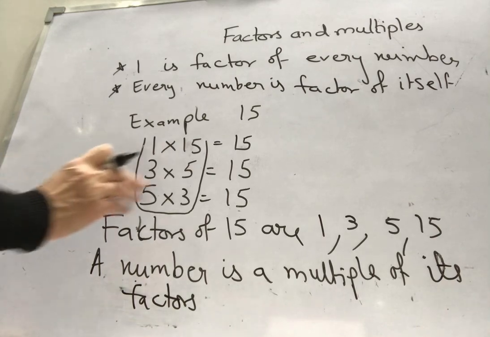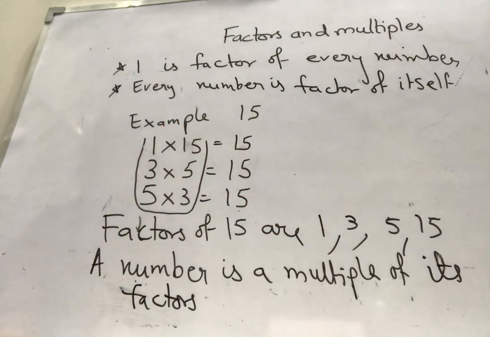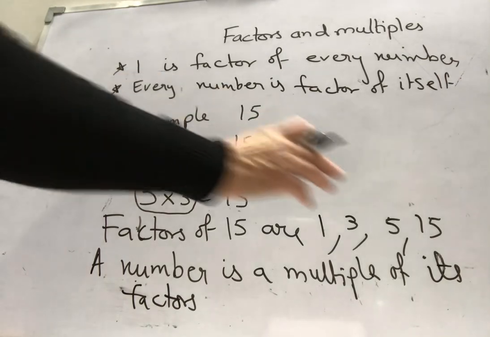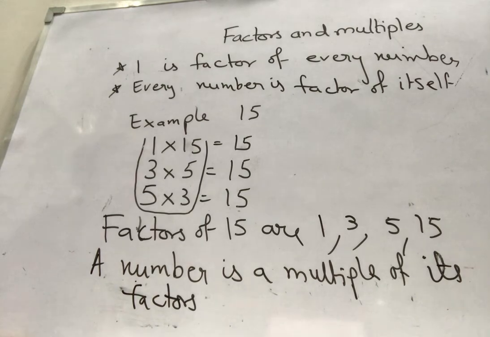And you can see all these factors, 1, 3, 5, either they are equal to that number, or they are less than that number.